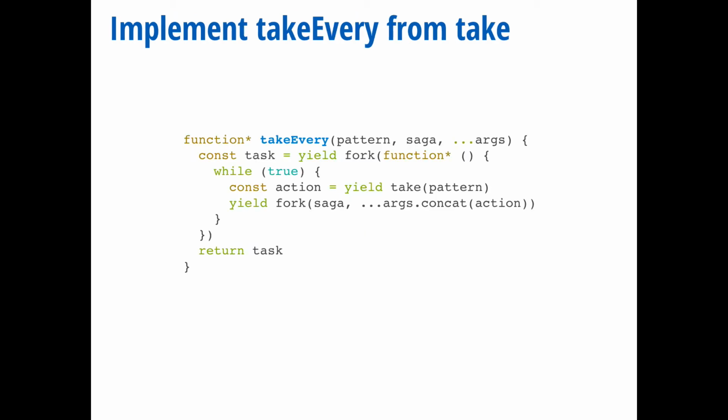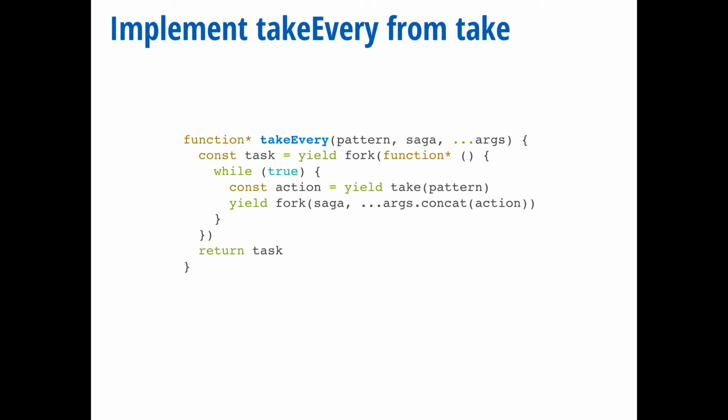Then, now with fork, we can really implement take and fork. Some of the effects are combinations of the others, so it's more complex, but it's just forking. It's similar to what we did before, but it's just something in the documentation.